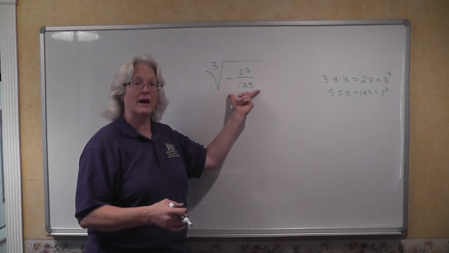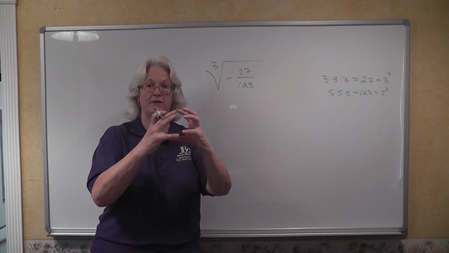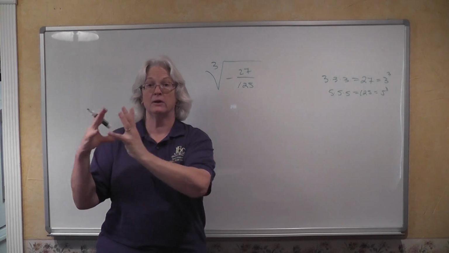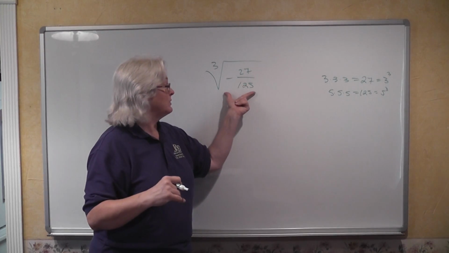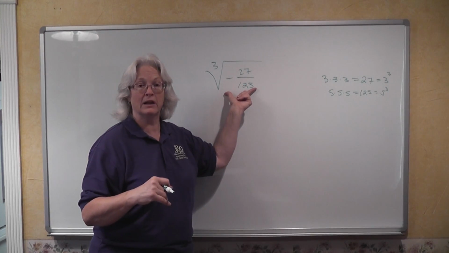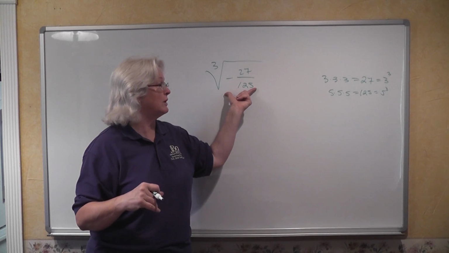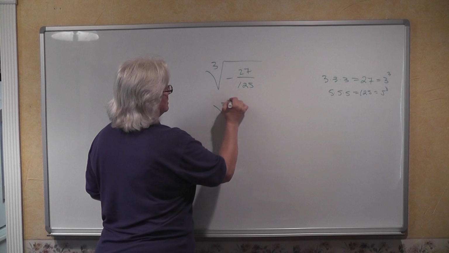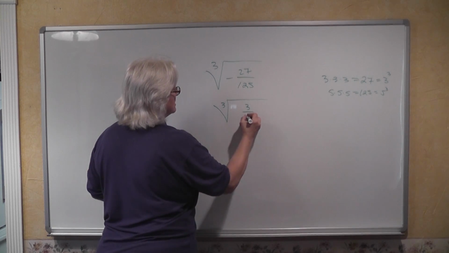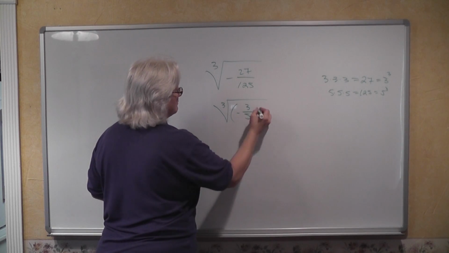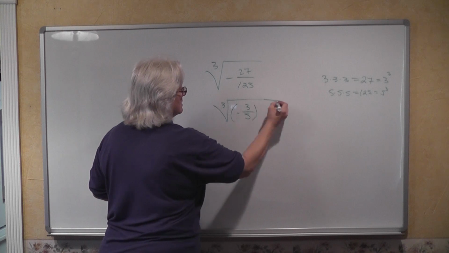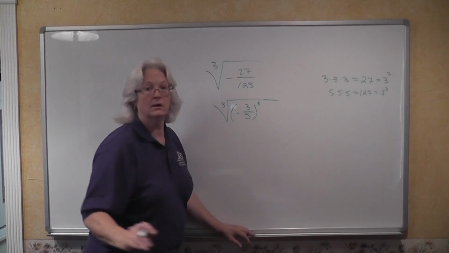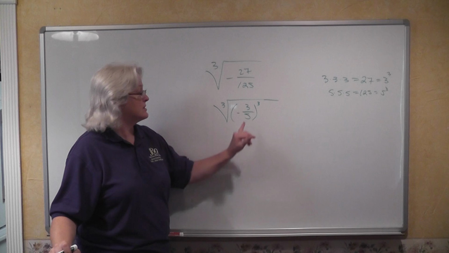We're looking for factors here that when you have the same factor multiplied 3 times, you end up with this fraction here, the negative 27 over 125. So what they're asking us to do is realize that this is a negative 3/5 that we are using as a factor 3 times.